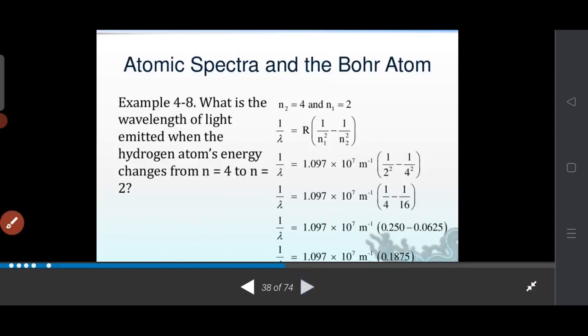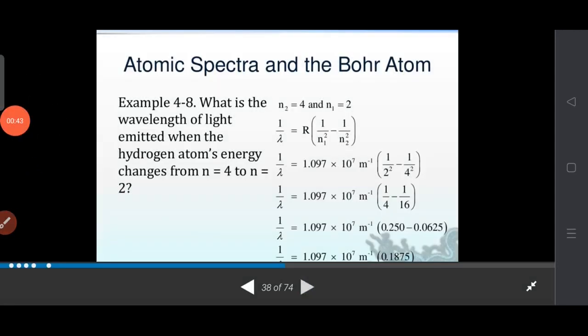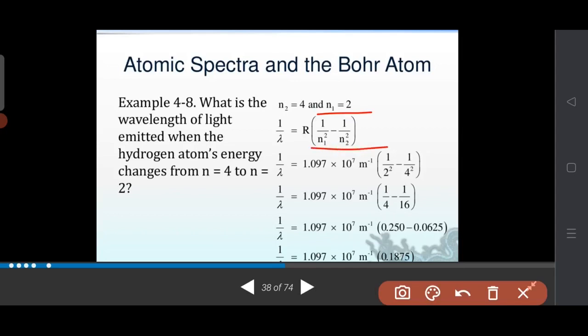Okay, 1 by lambda means wave number. Next we will do the atomic spectrum and the Bohr atom. For n2 equals 4 and n1 equals 2, 1 by lambda equals R into 1 by n1 square minus 1 by n2 square. That formula we already know.